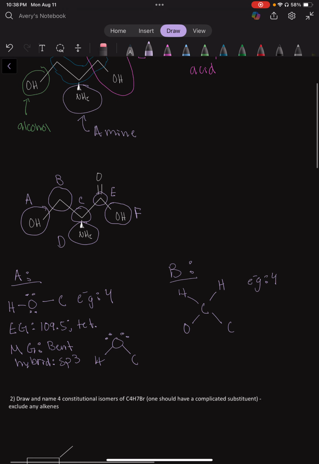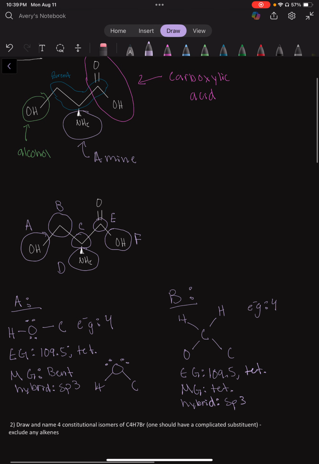So with that information, we can now answer the rest of it. Our electron geometry is going to be 109.5 tetrahedral. In our molecular geometry, since we have 4 bonded atoms and 0 lone pair electrons, it's also going to be tetrahedral. And then our hybridization, again, since it is electron group of 4, it's going to be sp3.